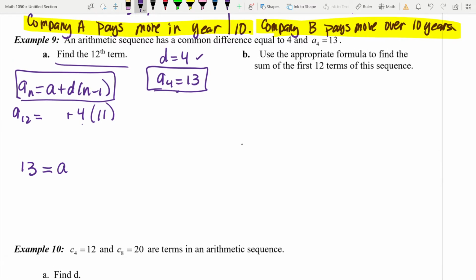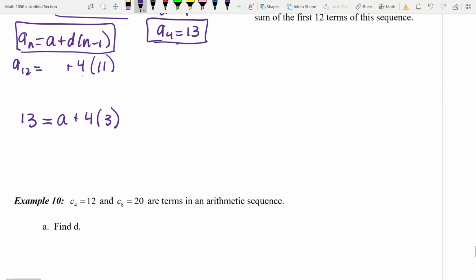I'm going to put an A. The common difference I know is a 4, and it's A sub 4. So that means n is 4. So 4 minus 1 is 3. So all I did is put in n equals 4, and the value of A sub n is 13. Okay, so now I have A plus 12 equals 13. Move my 12 over, A is 1. So now I know my A is 1. 4 times 11 is 44, plus 1 is 45. There's my answer.